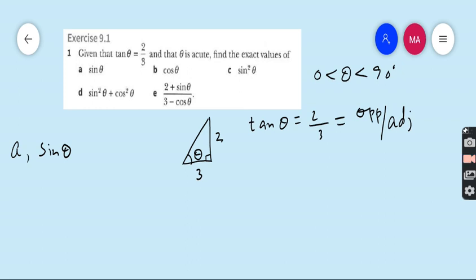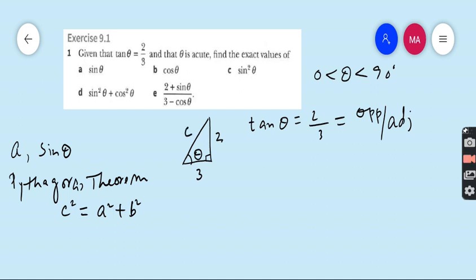Now, for a right angle triangle, we can apply a very well known theorem called the Pythagoras theorem. What this theorem says: the square of the hypotenuse is equal to the sum of the squares of the other two sides. What is the hypotenuse? The side which is opposite to the right angle.